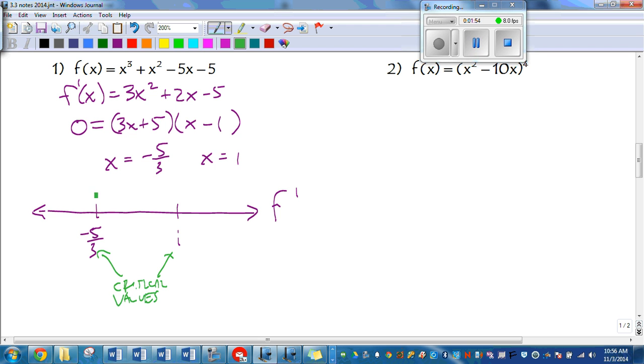And up top, we're going to tell why they're critical values. So in both of these cases, they're critical values because the derivative equals 0. In some cases down the road, we'll have it where the derivative is undefined. Right? So we put a u here, so we know that it's an undefined derivative. But those are our critical values.